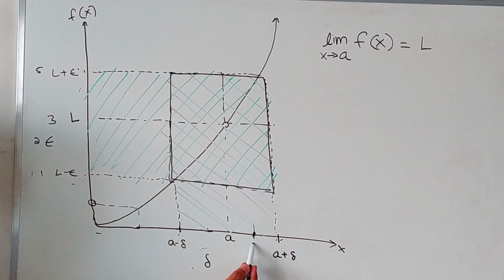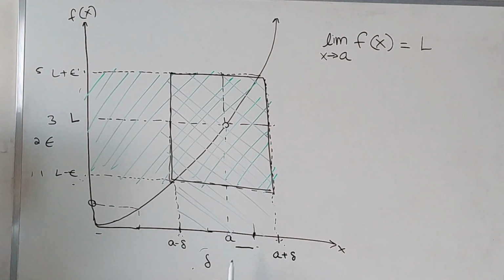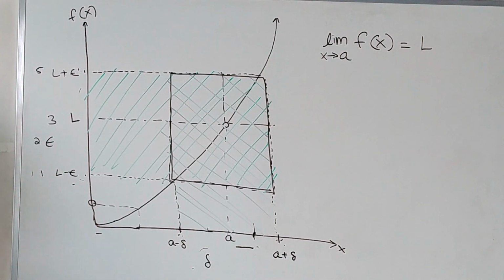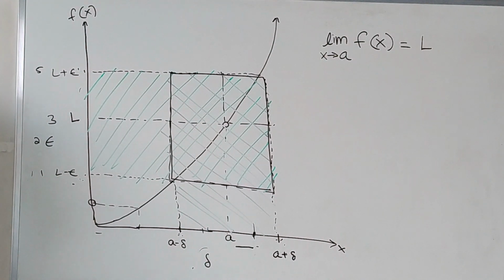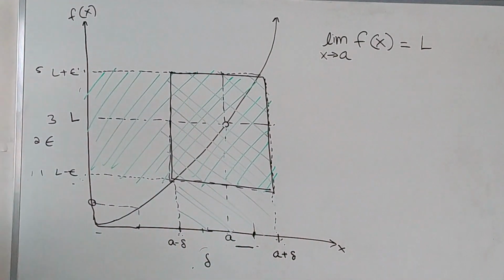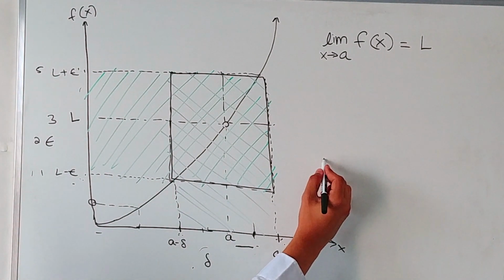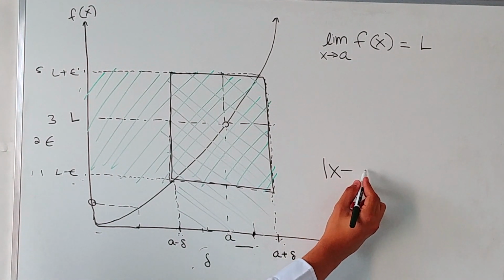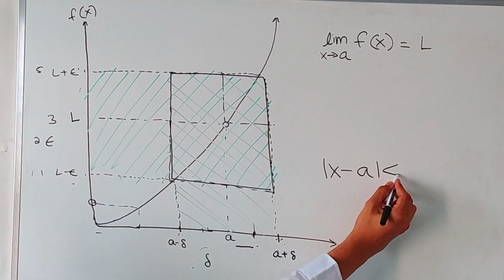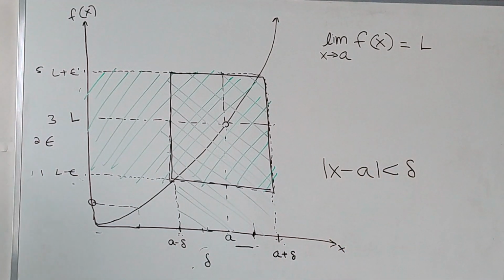If x minus a will be this distance, is less than delta, then that is correct. But what happens when x is over here? The value is going to be negative. Well, that's okay. We can simply correct that with an absolute value symbol. So we can say that the absolute value of x minus a must be less than delta.